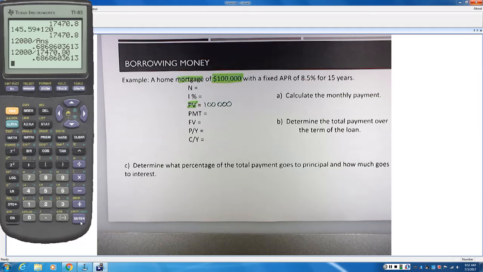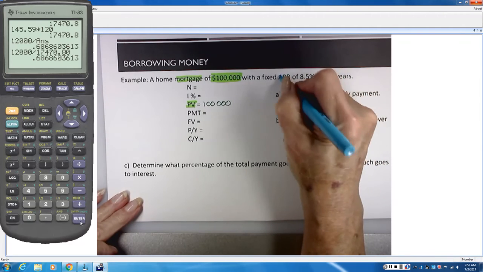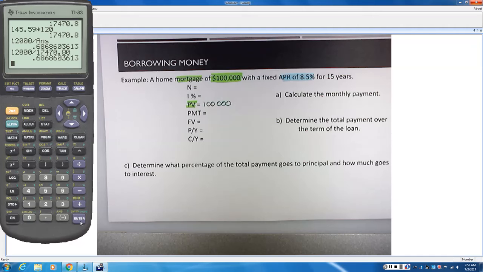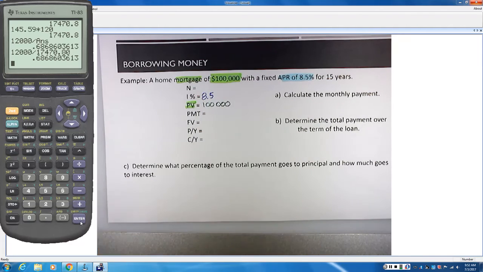Says the APR is 8.5%. And it says we're going to be making payments on this house for 15 years.